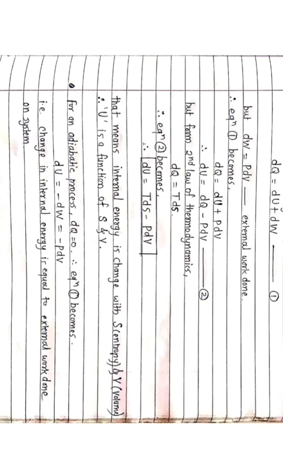Therefore du is equal to minus dw is equal to minus pdv. That is, change in internal energy is equal to external work done by the system. So this is the internal energy derivation part.